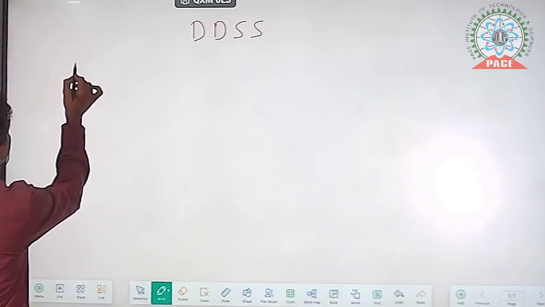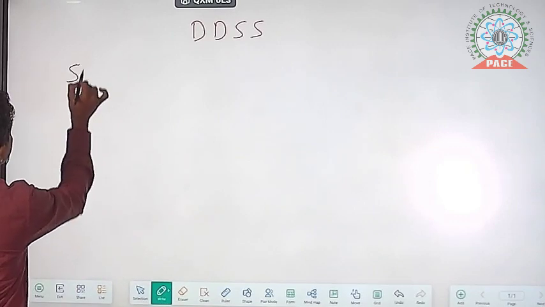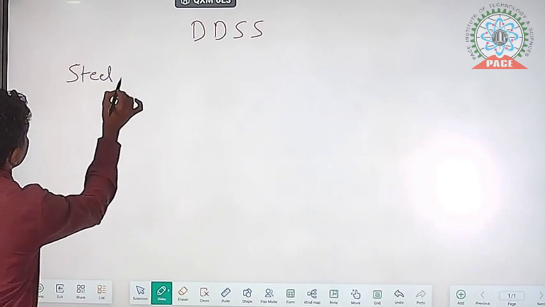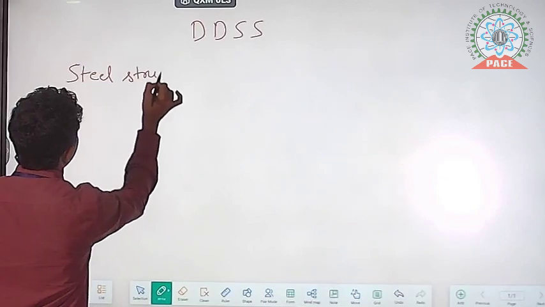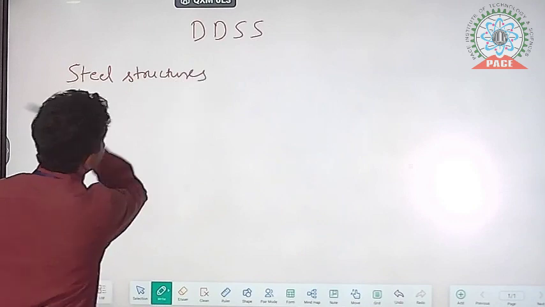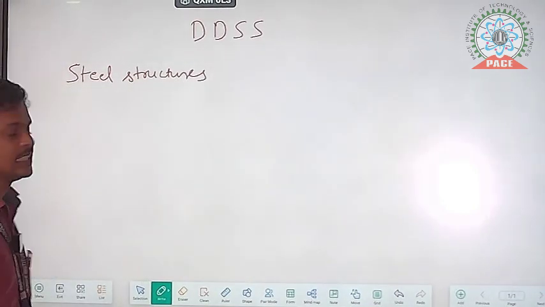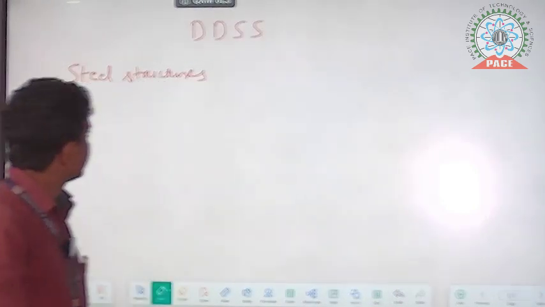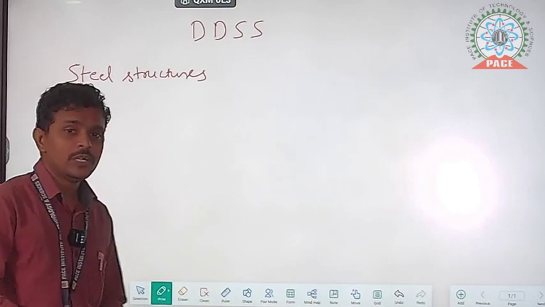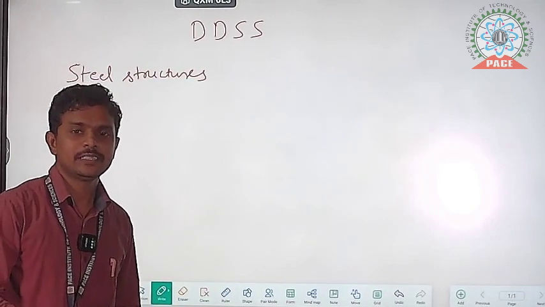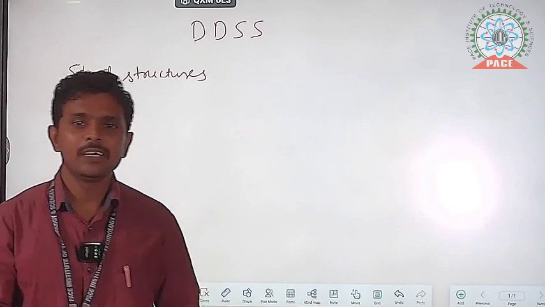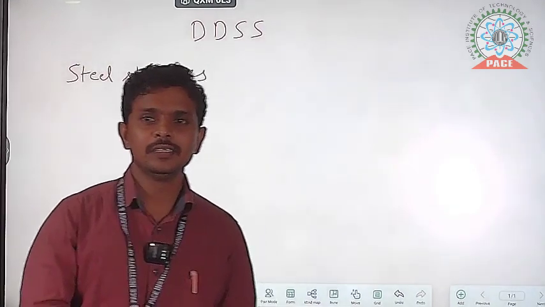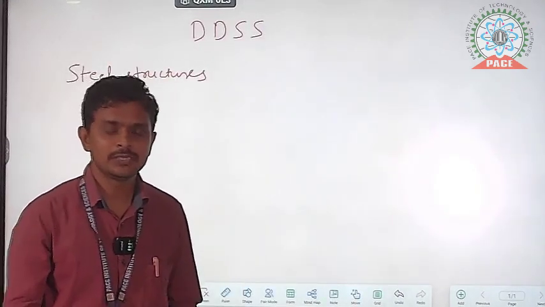So that is, first is steel structure. First we have to know about the steel structures. First we have to know how the steel will come. For example, so many iron ores are there in the world. From the iron ores, iron is available.